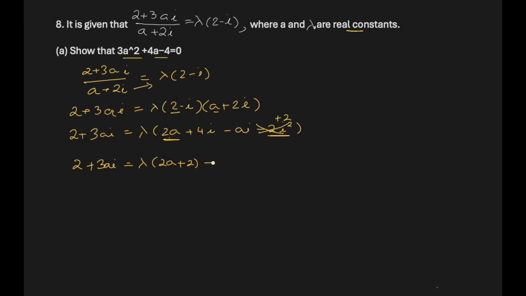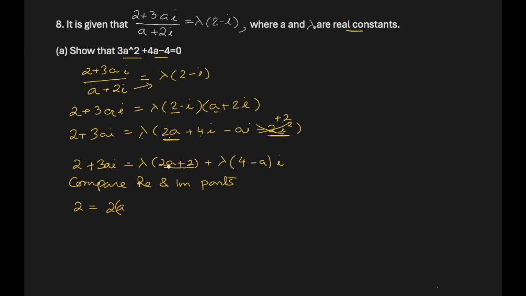What about the imaginary part? Lambda will remain because lambda is with all of them. This imaginary part is 4 minus a, and i. So compare real and imaginary parts. So 2 is the real part on this side, and what is 2a plus 2?